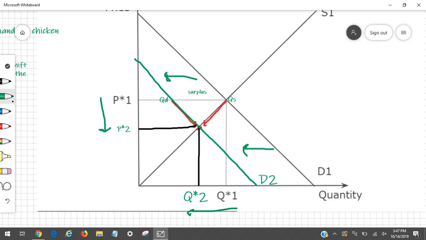It went this way, left, which is a decrease on the quantity axis. So we would expect, as a result of the decrease in demand for chicken, in the end, the equilibrium price of chicken would fall and the equilibrium quantity of chicken would also fall. So that's saying that we would expect chicken to be sold at a lower price than it was before, and we would expect a lower amount of it to be bought and sold than before the shift in demand. So that's the summary or the end result of the shift.